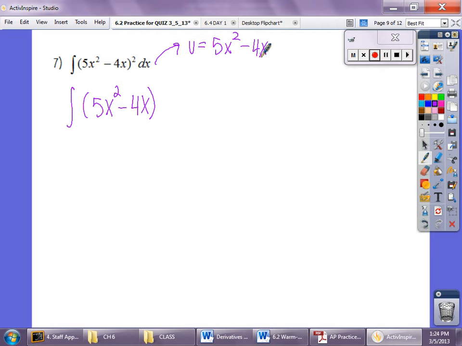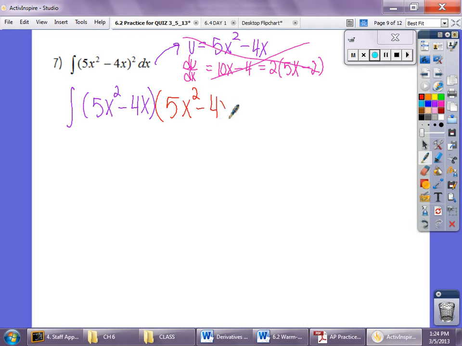You should realize right away that that will not work because you would have needed 10x minus 4. Even if you factored out a 2, you would have still needed 5x minus 2 to show up multiplied by dx, and it does not. Therefore, this is not a u substitution problem, but instead it must be a simplify or graph problem.